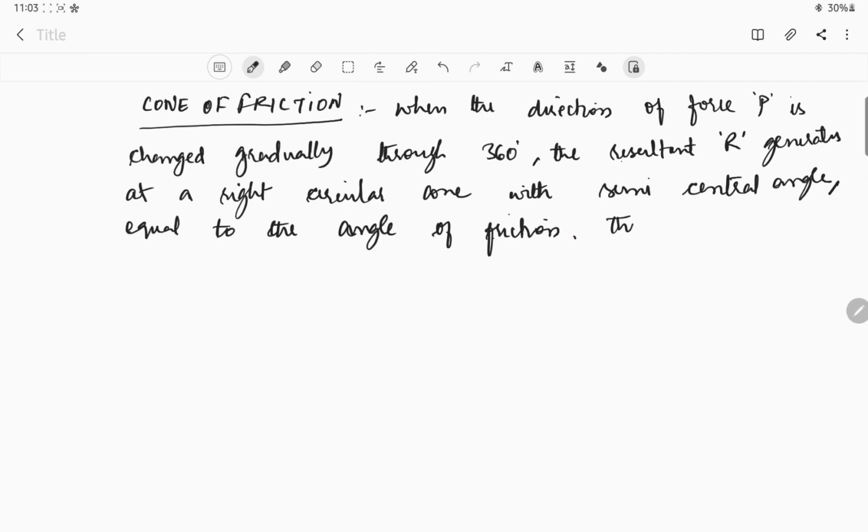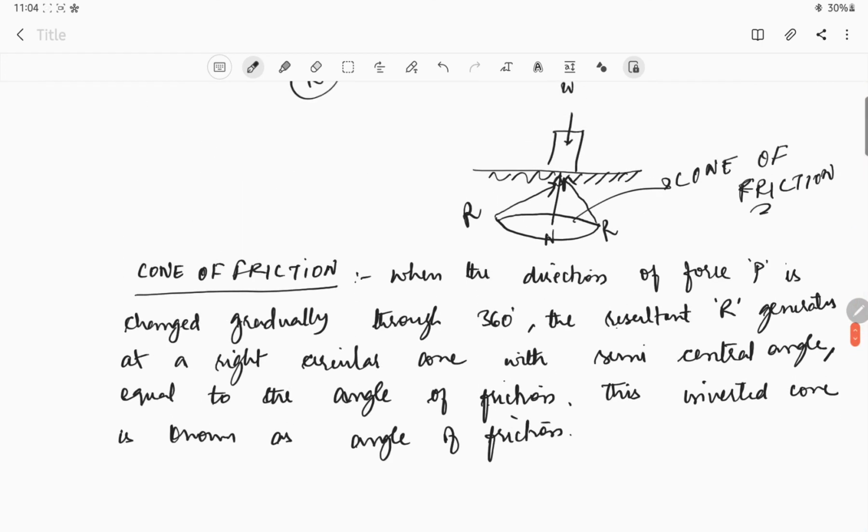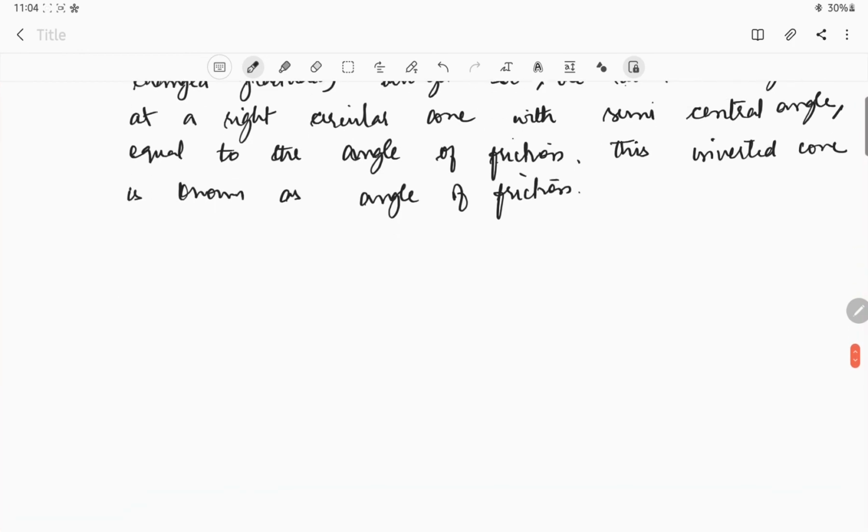This inverted cone is known as the cone of friction. So this is nothing but our inverted cone, right?